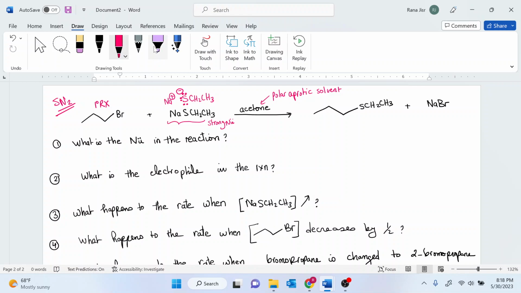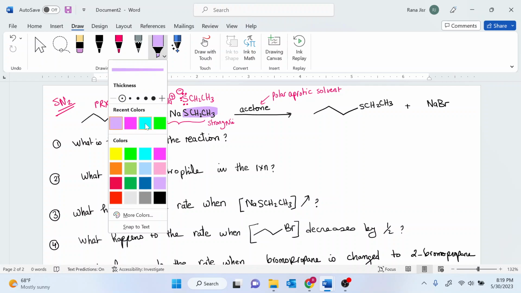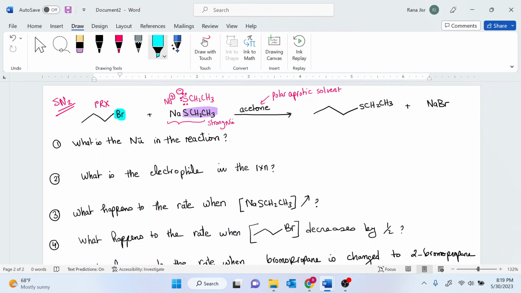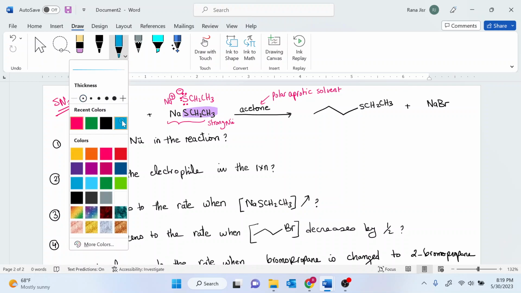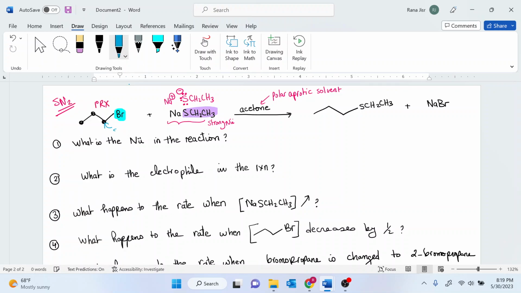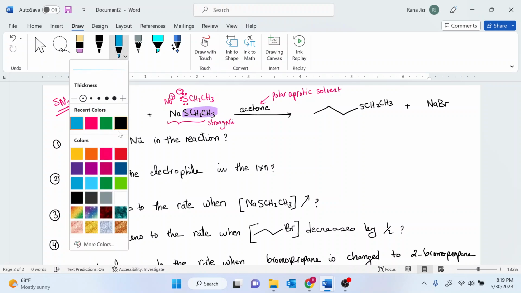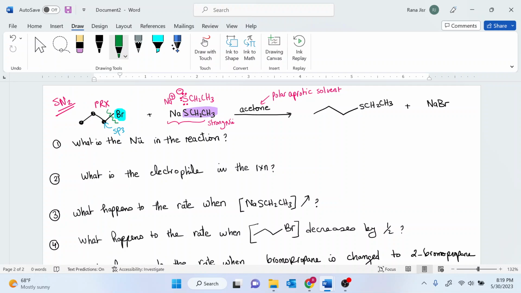In this case, take a look at what's happening. Your nucleophile is substituting the halogen. I still have 3 carbons. So these are my 3 carbons. Nothing is going to change to the 3 carbons. However, the bond between the sp3 hybrid carbon and the bromine is going to be broken, and the bromine is going to be replaced by the SCH2CH3.